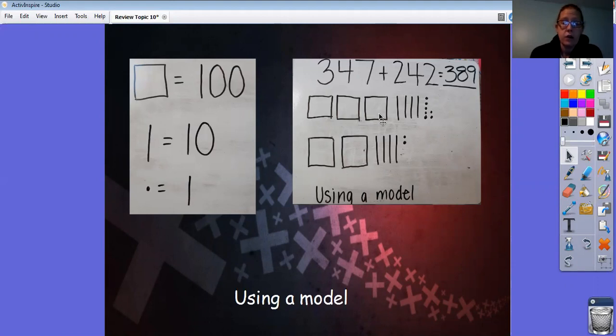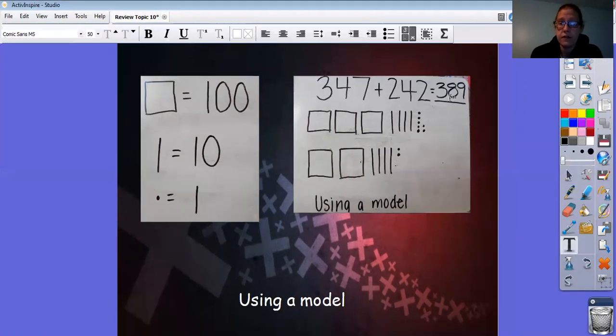This is my 347 plus my 242. And then I solved the equation, and my answer is wrong. It should say 589. Mrs. Sherman made a mistake, so let's fix that right now.